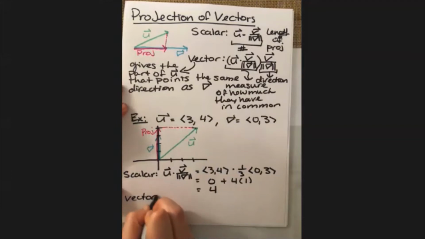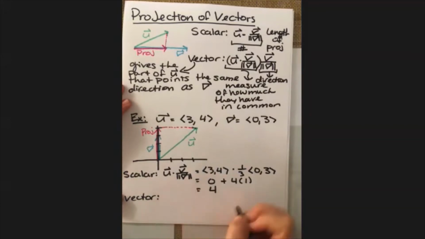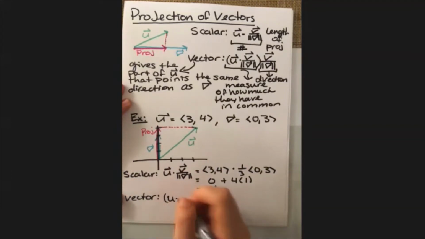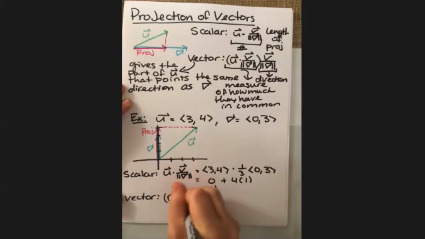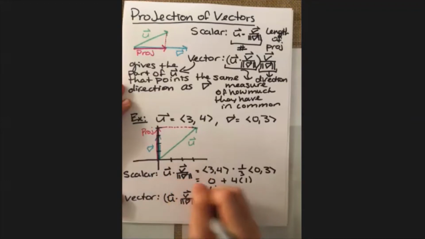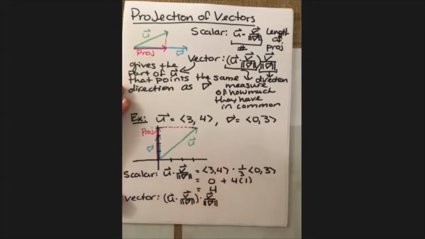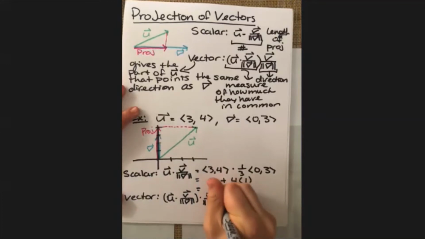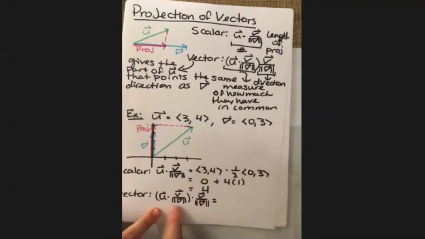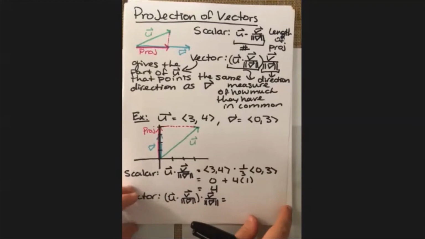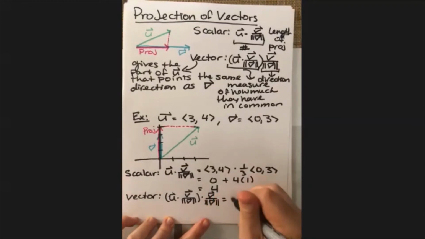To get the vector part, we take the length given by u dotted with v divided by its length. And then we multiply that by v divided by its length again. In this case, we've already found its length right here, which is 4.